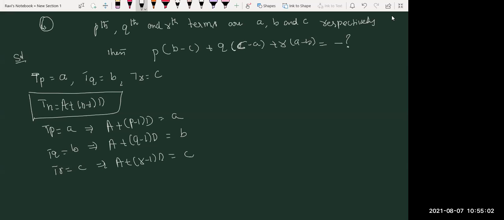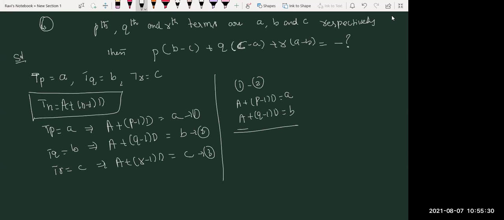The simple way to find this: first equation, second equation, third equation. Do the subtraction of 1 and 2. What will you get? If you take D common here, what will you get?